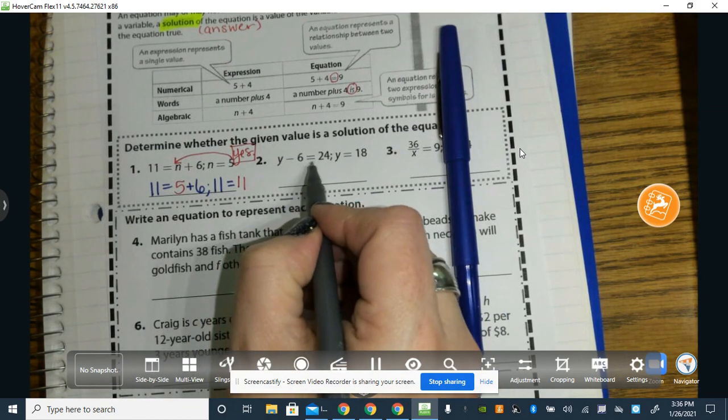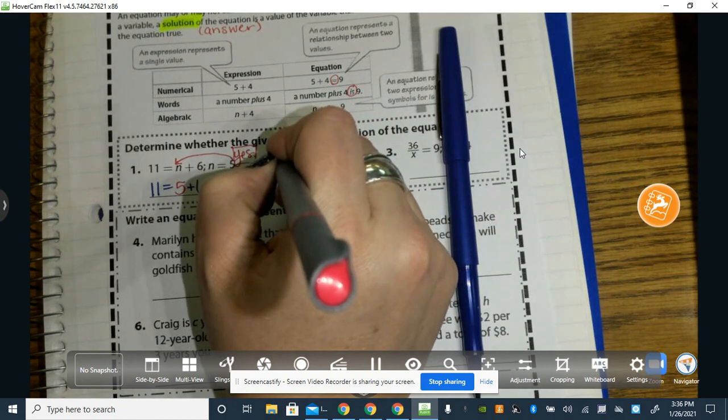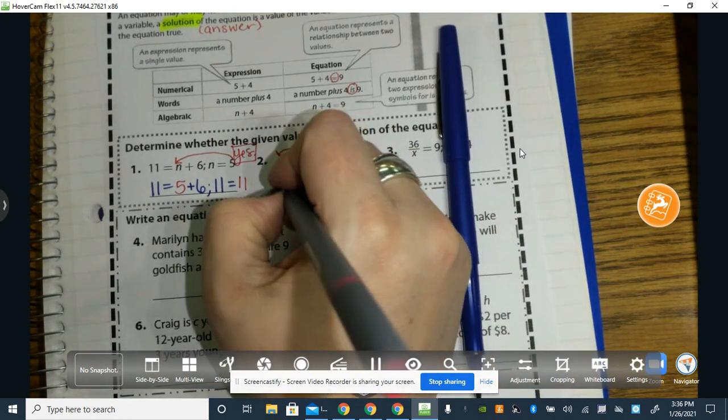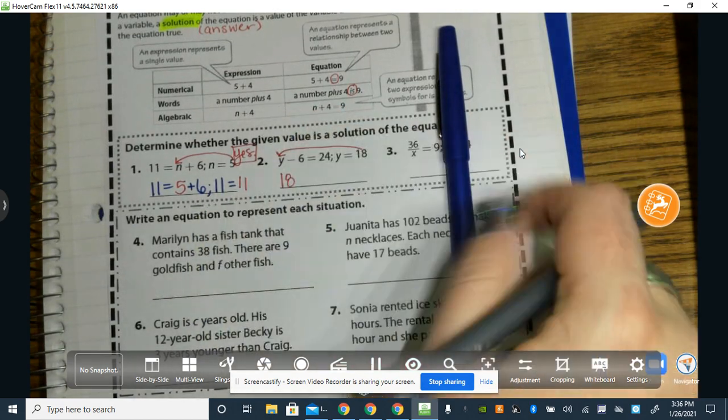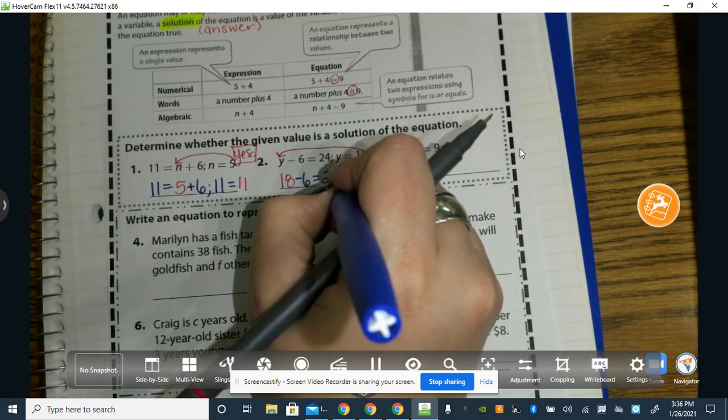Okay, let's look at our next one. y minus 6 equals 24. Well, what if y is equal to 18? Will that make it true? So I'm going to bring the 18 over and put it where that y is. So it's 18 minus 6 is equal to 24.